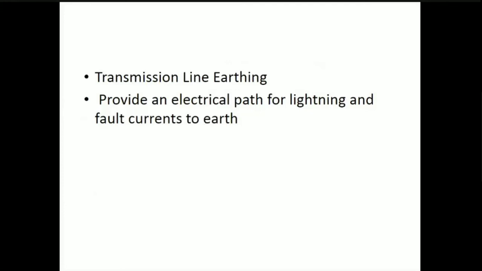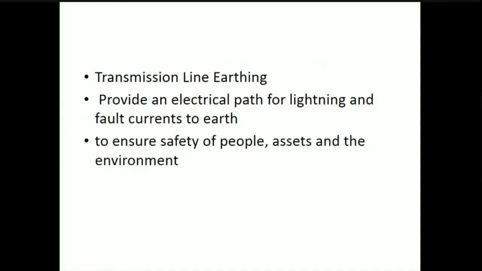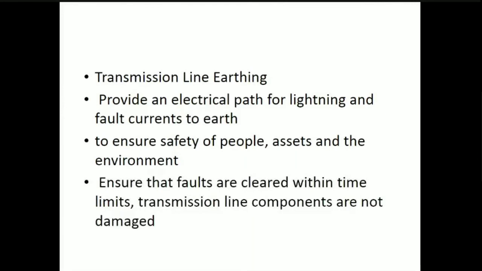So by earthing, we provide an electrical path for lightning and fault currents to ground. The earthing can ensure safety of people, assets, and the environment. Then it ensures that faults are cleared within time limits, and transmission line components are not damaged.